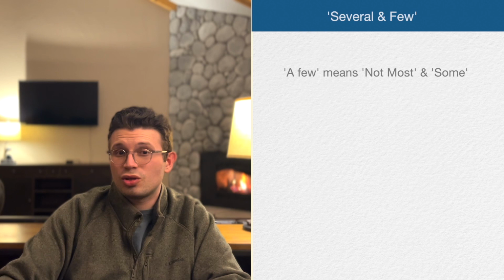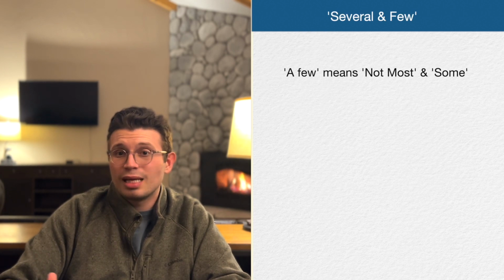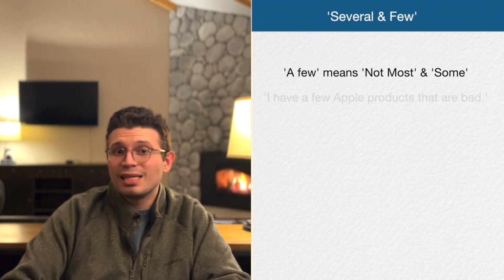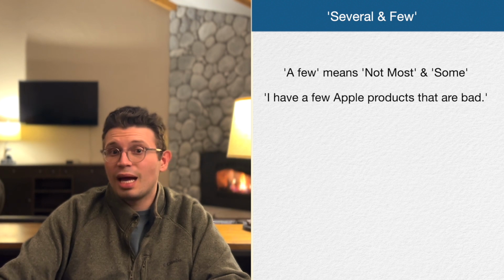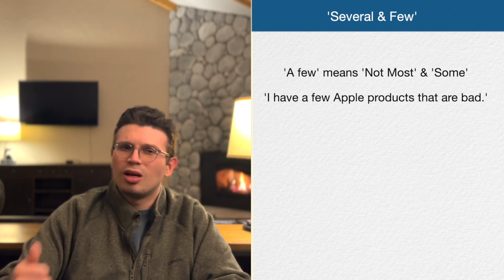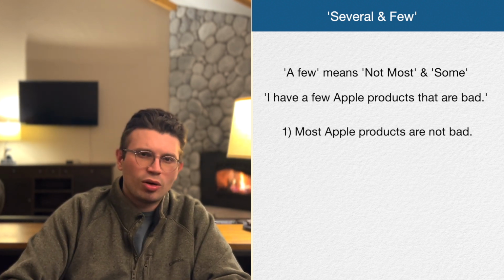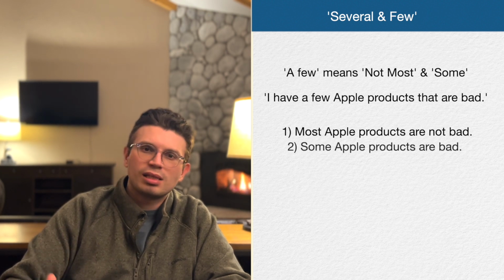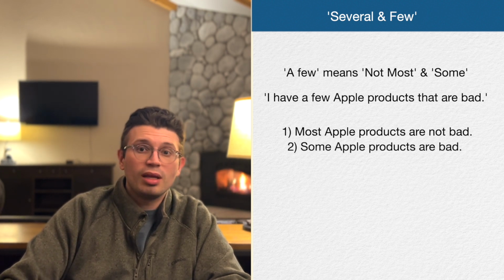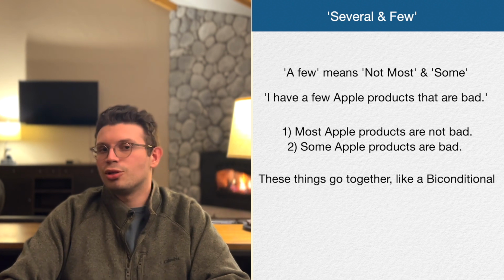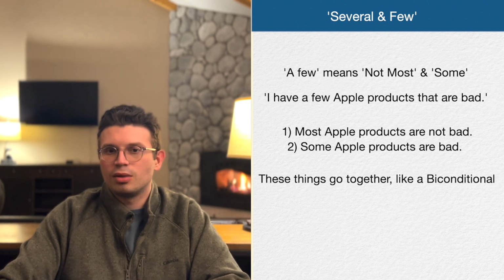Now, what about other words like several, a few, a certain amount? Well, a few means 2 things: not most and some. Okay? If I say I have a few Apple products that are bad, then what that means is 2 statements. Number 1, most Apple products are not bad. And number 2, some Apple products are bad, right? These things go together, kind of like a biconditional if you've watched my conditional logic lesson, okay?